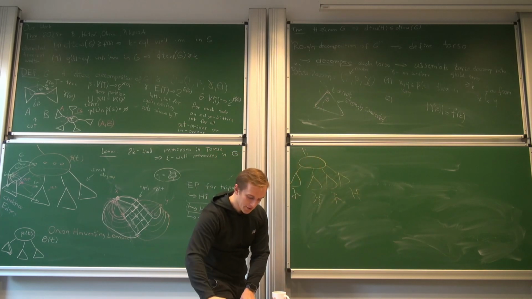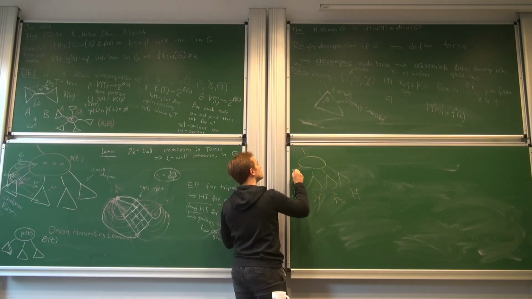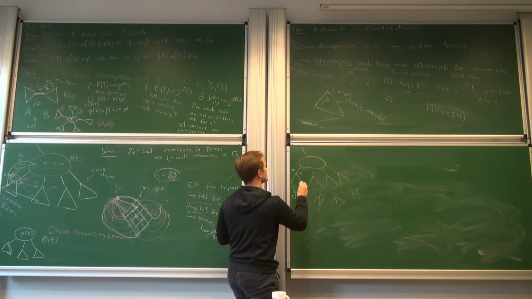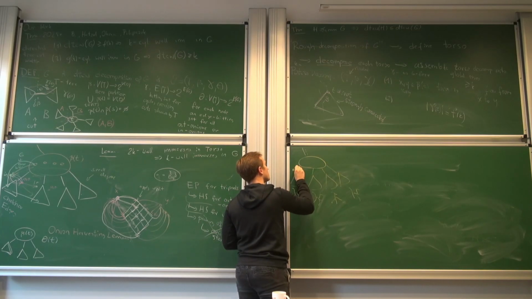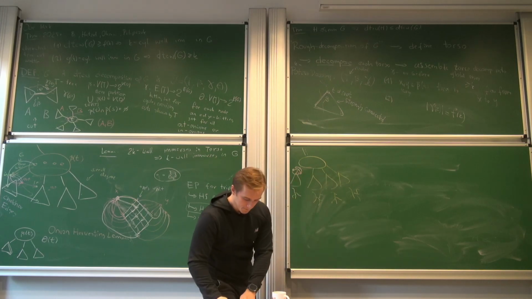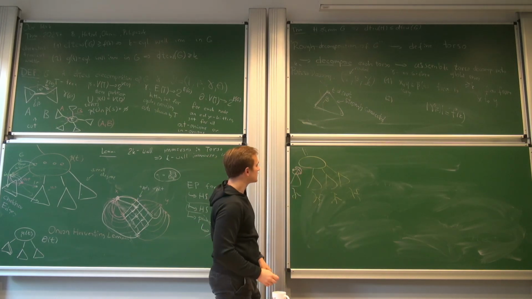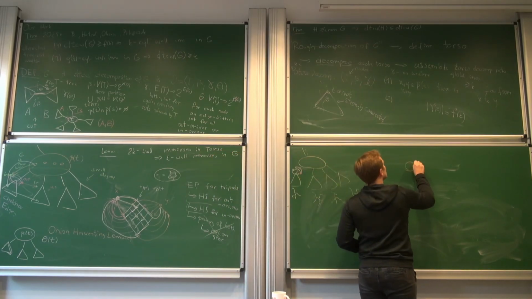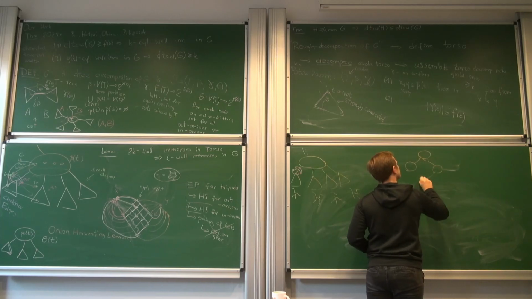And the guys here are represented by two vertices that pack this tiny onion on them. And I have a decomposition of this torso. So I have this decomposition here.